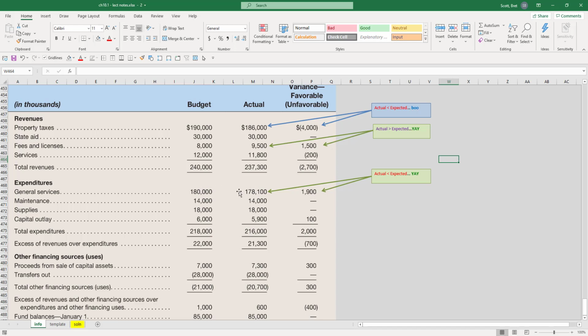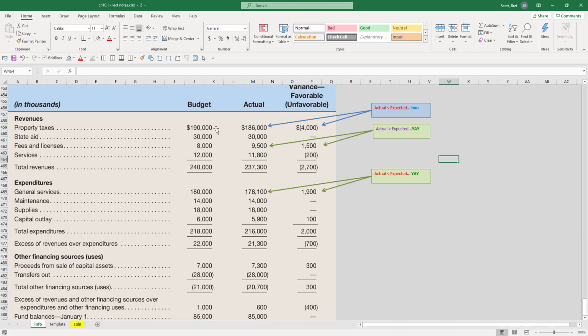If they fall short, generally they're going to cut the amounts they did not spend from next year's budget. So people try to spend pretty close to, if not a little over, what the budget was, so they can maintain their level of expenditures going forward.